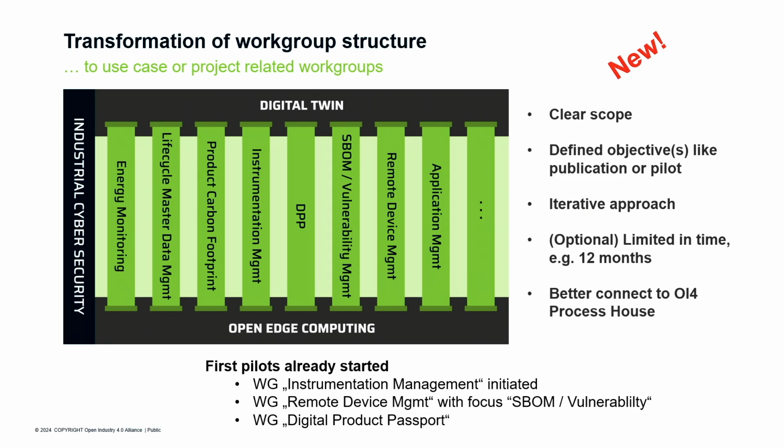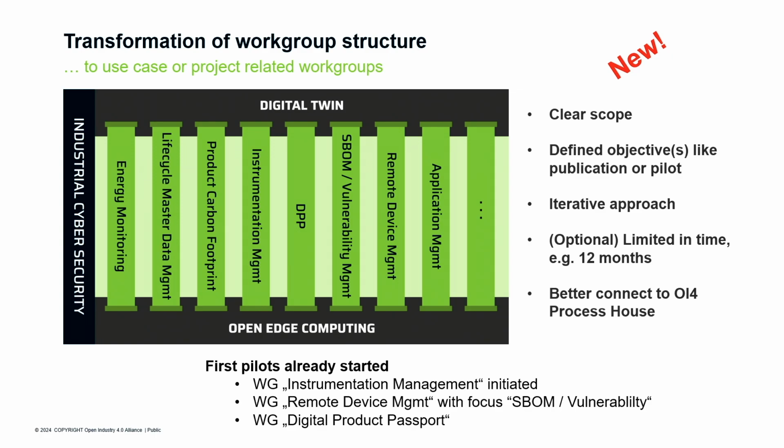Of course, we need to discuss open edge computing and everything we have on the shop floor. And of course, we have industrial cybersecurity. That's why we have this frame on the left side. But most of the other work groups, and some of them already are like this, are more in a use case or project-related approach.